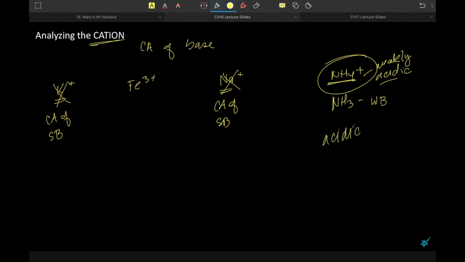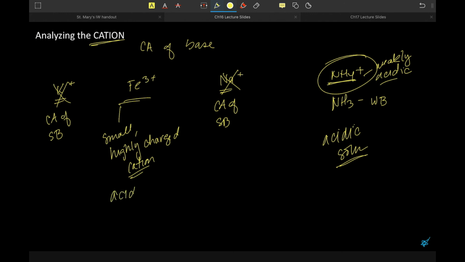Yes? Makes sense? All right, and here, this is that special consideration, which we talk a little bit more about in the next slide, in that this is a small, highly charged cation. Small, highly charged cations are acidic, and we'll talk more about why in a little bit.